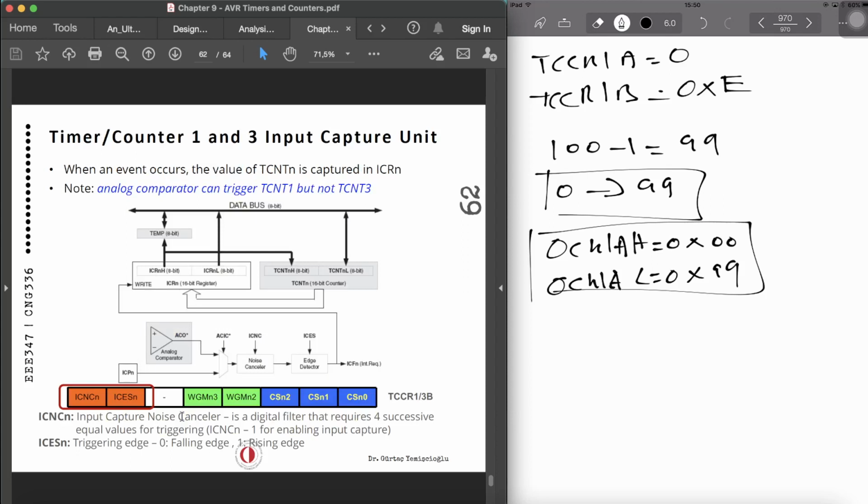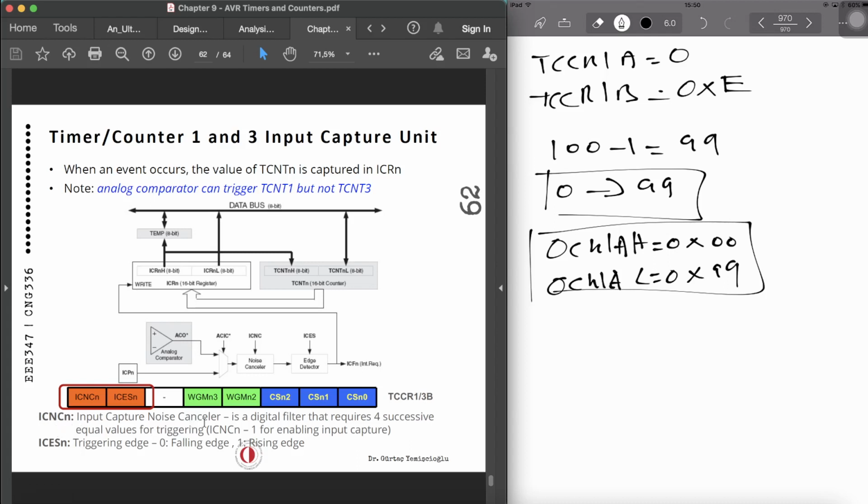Timer 1 and 3 input capture unit. When an event occurs, the value of TCNT is captured in ICR. The ICP pin is here, so TCCR1B or TCCR3B is configured. ICNC is the input capture noise canceller.